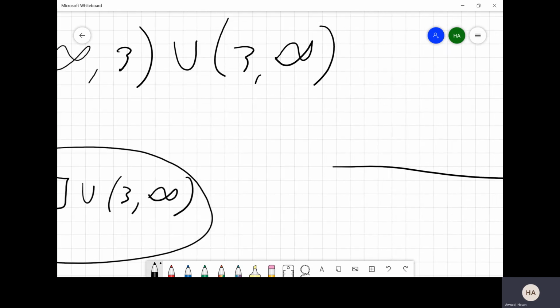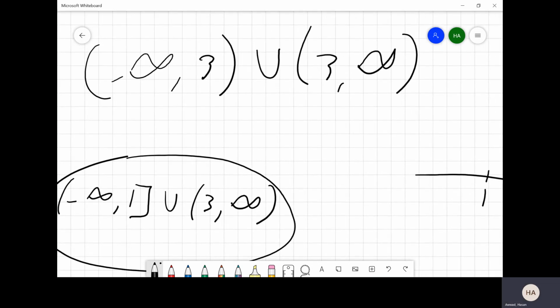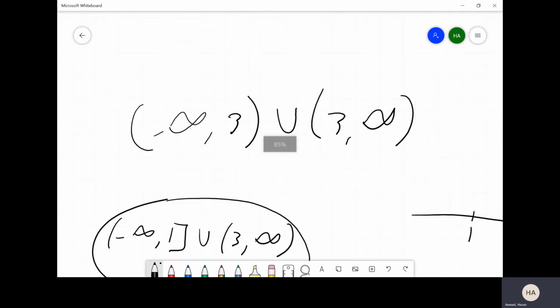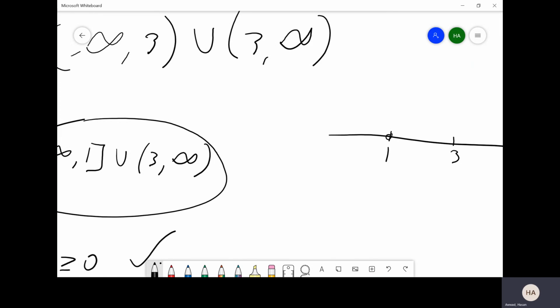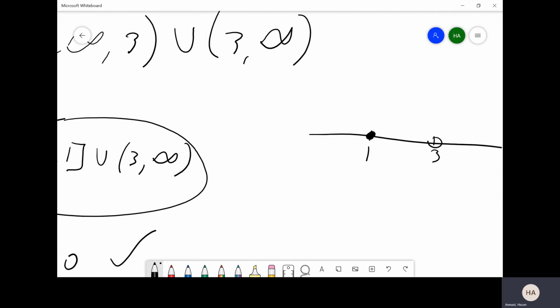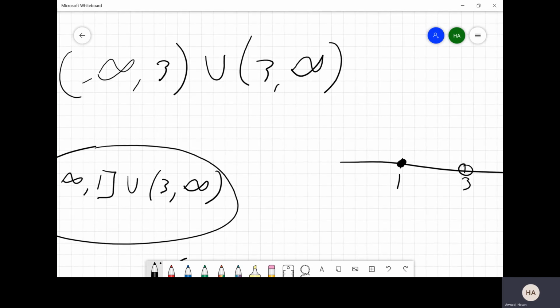So for the following points on the graph, we know we're going to have a 1, and we're going to have a 3, and that should be about it, right? 1 and 3. Okay, sorry, I thought I made a mistake, but we're okay. So 1 we know that we're including for this thing right here, so I'm putting a closed circle there. 3 we know that we're always excluding for all of these domains, so I'm just going to put an open circle there.